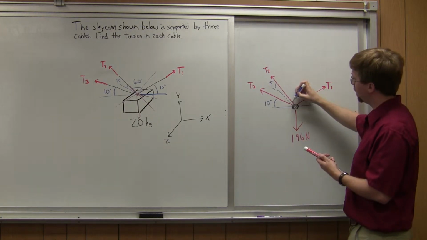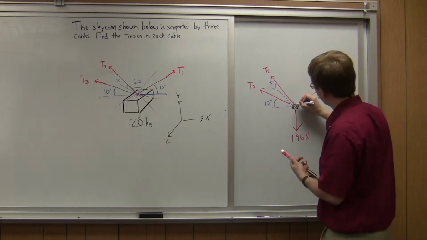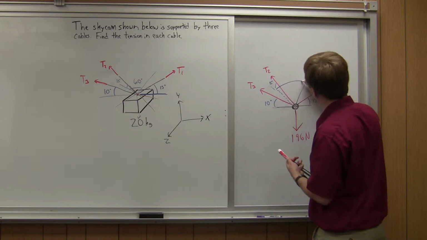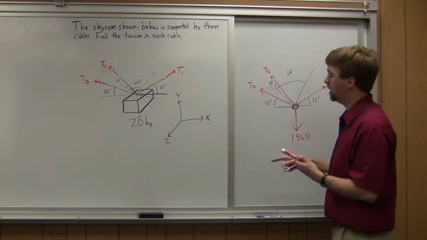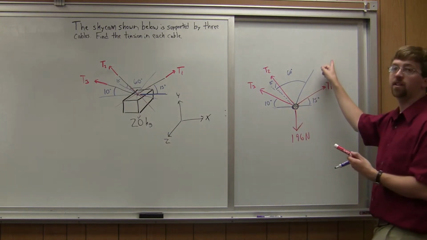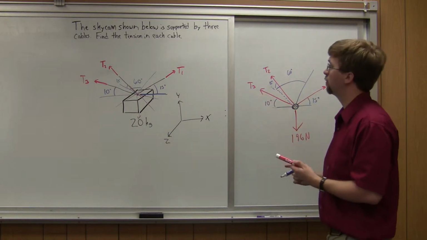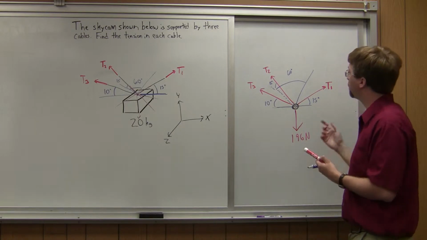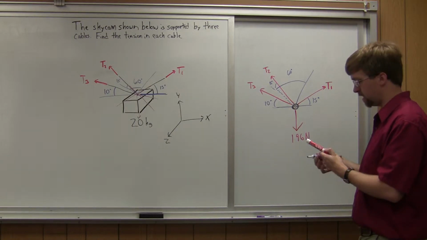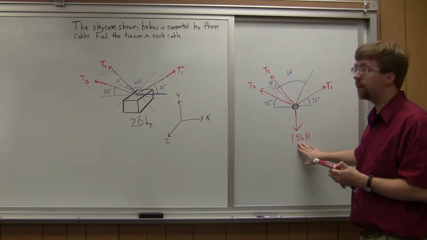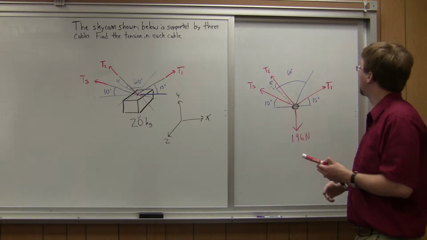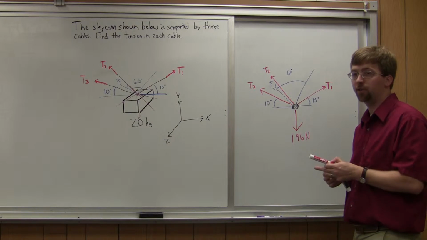And this line here in the xz plane is going to be 60 degrees from the negative z direction. So this is going straight back into the board, and we're 60 degrees from that. So with that, I've got the angles all defined. I've got my known force, my weight, and my 3 unknowns, tension 1, tension 2, and tension 3.